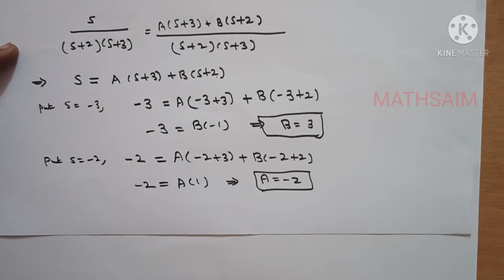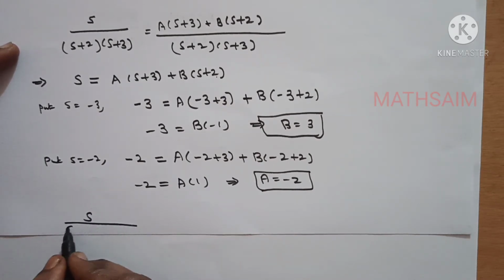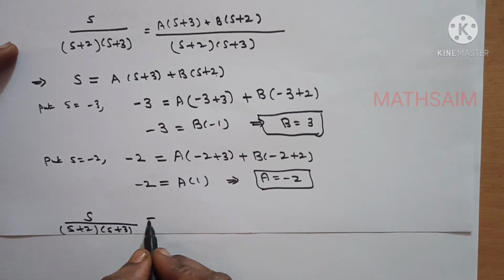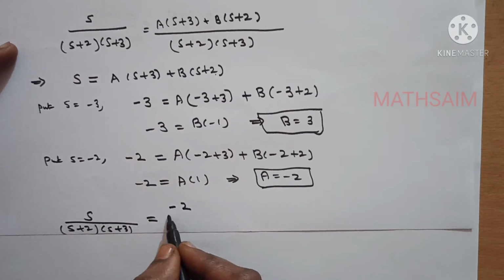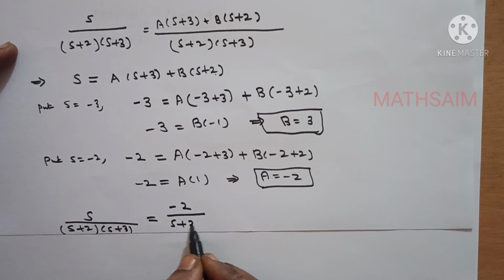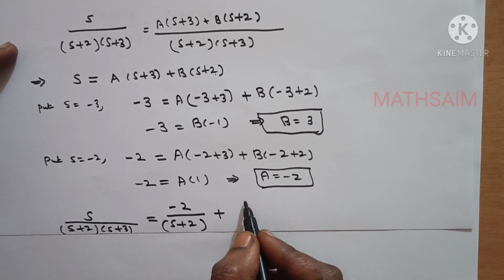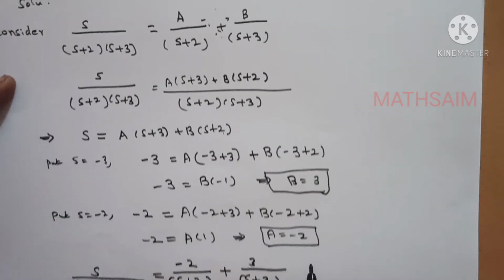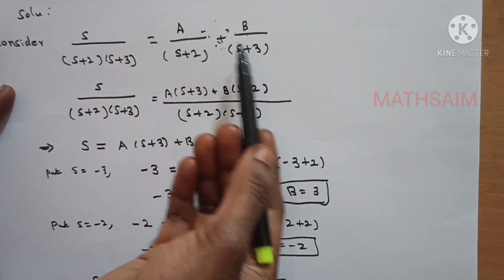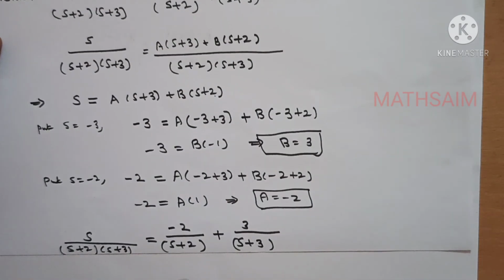The term s by (s plus 2) into (s plus 3) has been written as: the a value is minus 2 divided by s plus 2, and the b value is 3 divided by s plus 3, that's all. We just simply put the a value and the b value there.